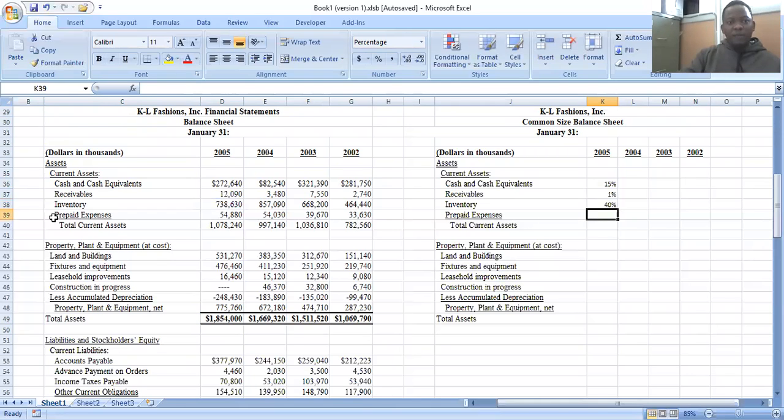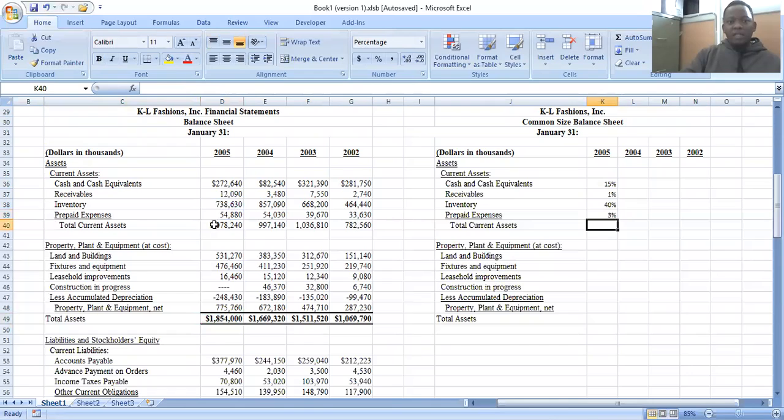Then for the prepaid expenses, the common size ratio is prepaid expenses divided by the total assets, which is 54,880 divided by 1.8 million, 3%.